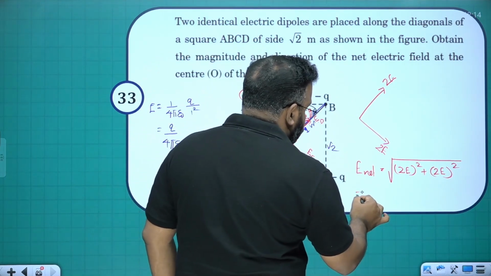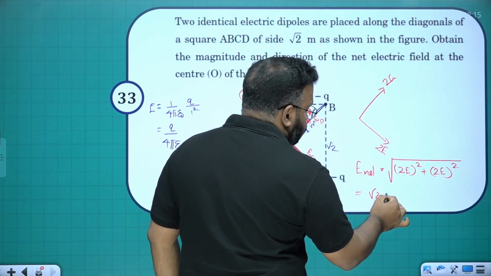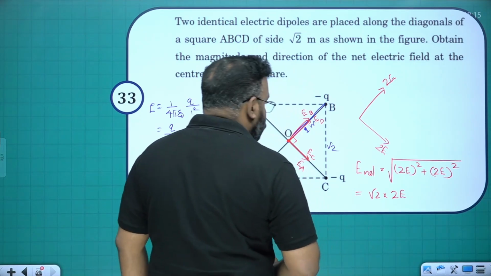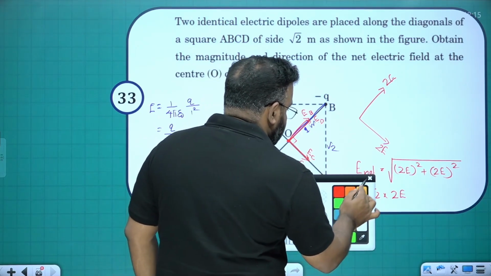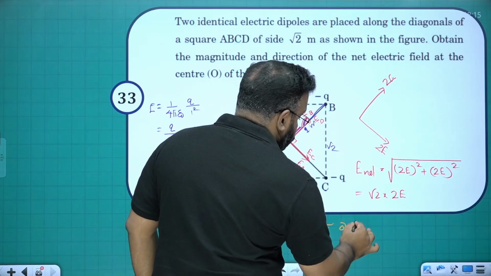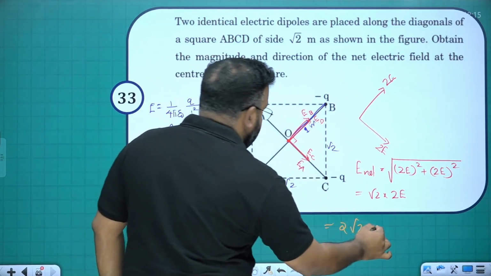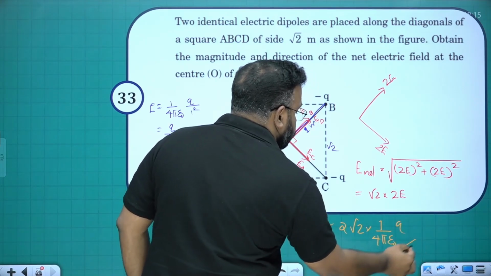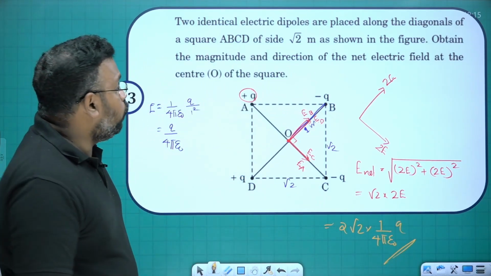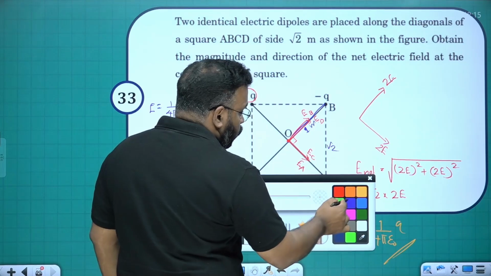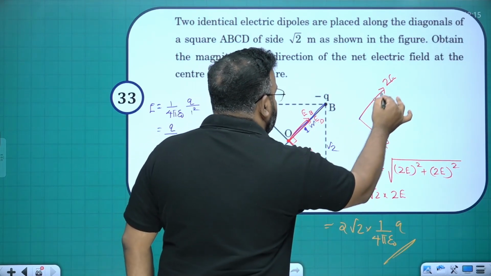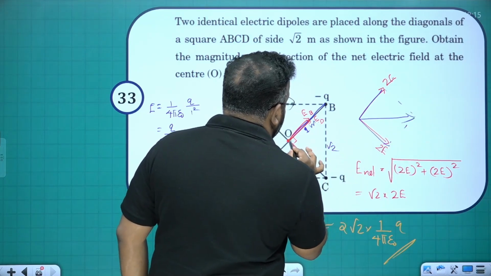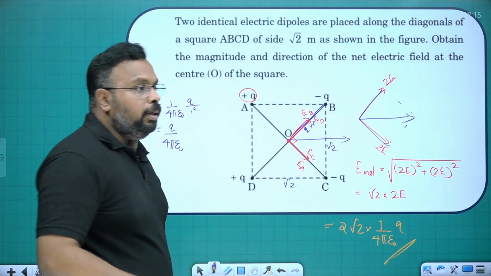So we get E net is equal to root 2 times 2E, or 2 root 2 into E. 2 root 2 E. What is E value? 1 by 4 pi epsilon naught into Q. Got it. This is the magnitude. What about the direction? Direction is easy now because we already got one field like this and other is like this. So the resultant will be through the middle in this direction. So direction of resultant electric field will be like that.